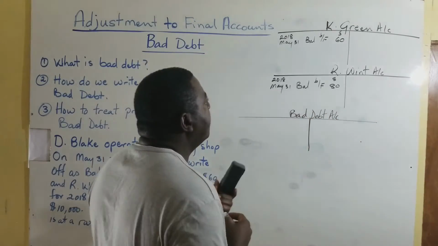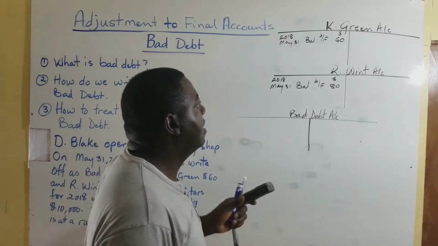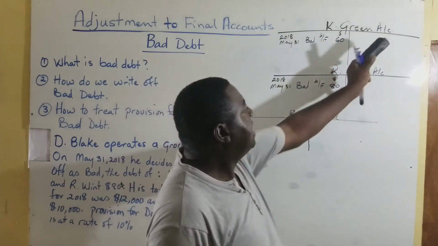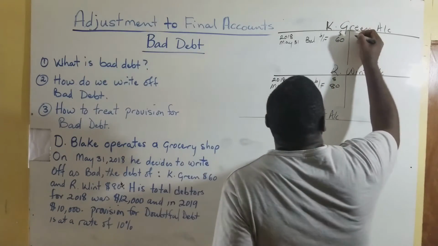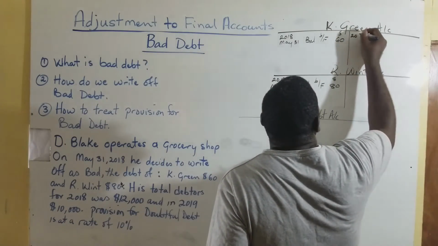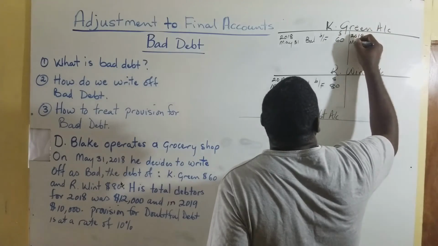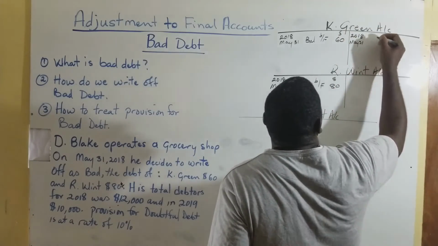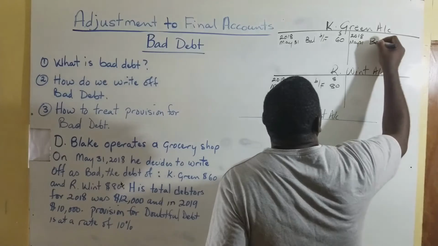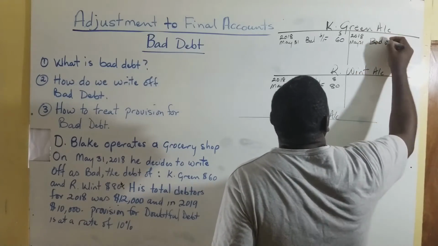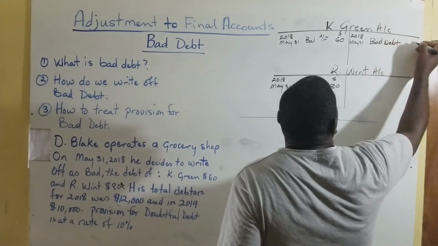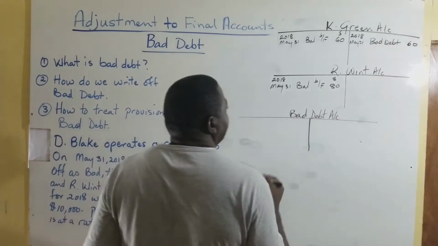Now, to write off the bad debt, as we have shown earlier, we are going to credit the debtors account and debit the bad debt. So to do that, we're going to have 2018 May 31st, and the name of the other account affected would be bad debt of $60, writing off all of it.